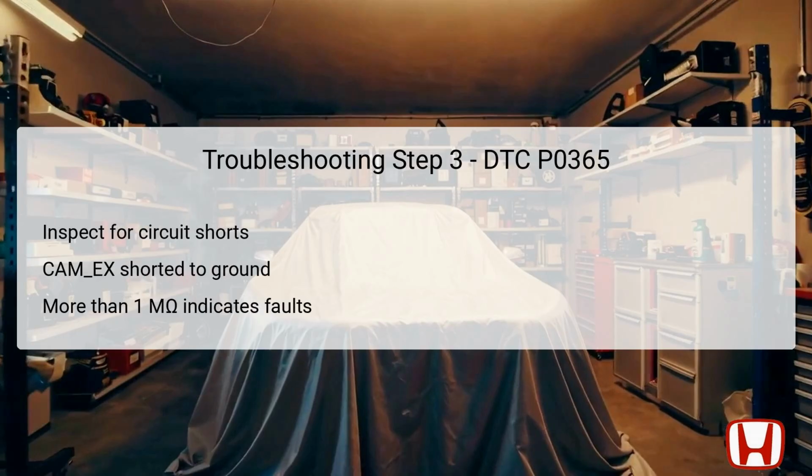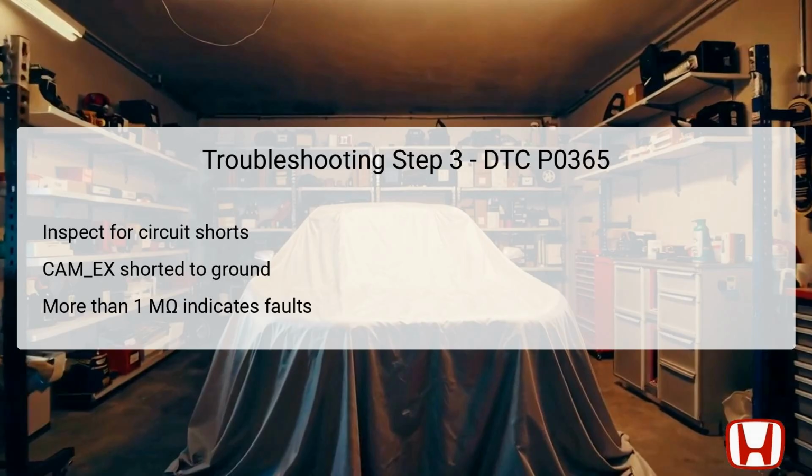In the third troubleshooting step, focus on potential shorts in the circuit. Specifically, examine the CAM_EX wire for any shorts to ground. This requires the circuits to be disconnected, allowing for individual testing. A reading of more than 1 megaohm obtained during the inspection indicates a healthy circuit with no short circuits present.